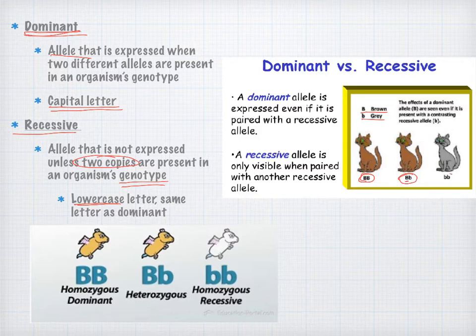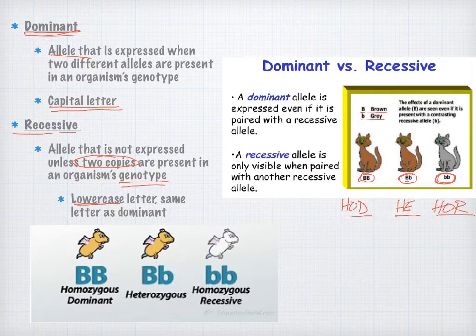In this third example, this lowercase b would have the recessive trait for fur color, and this one is gray. So homozygous dominant, which we're going to express like this, heterozygous, and homozygous recessive. These are ways to talk about the genotype of an organism.